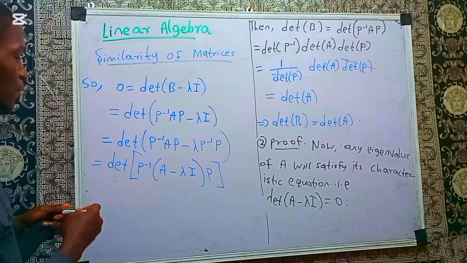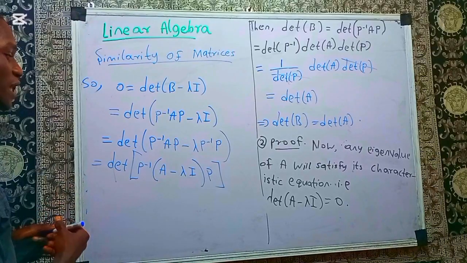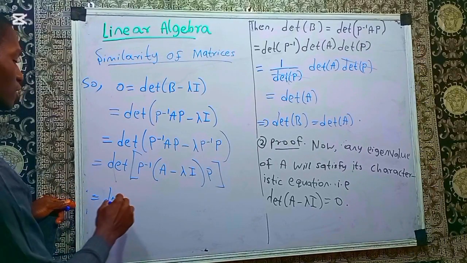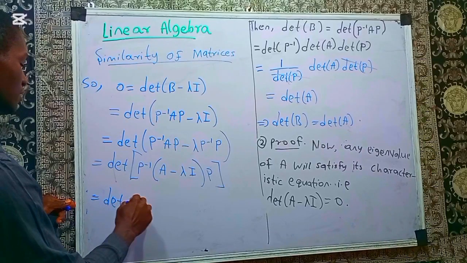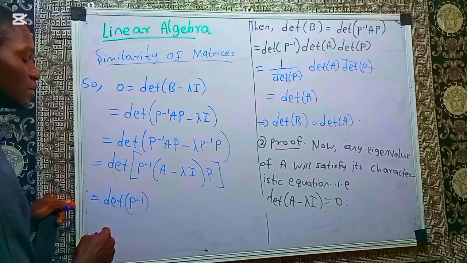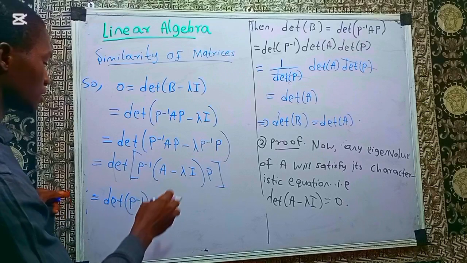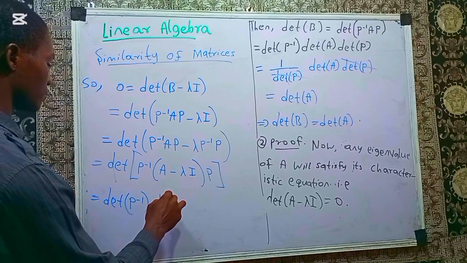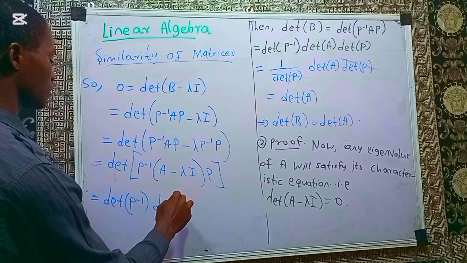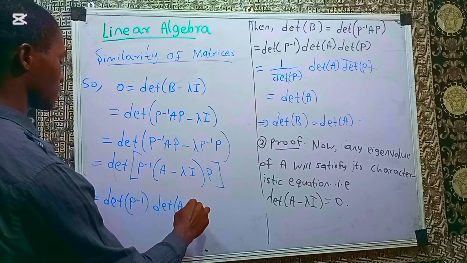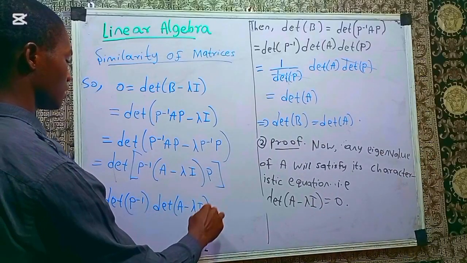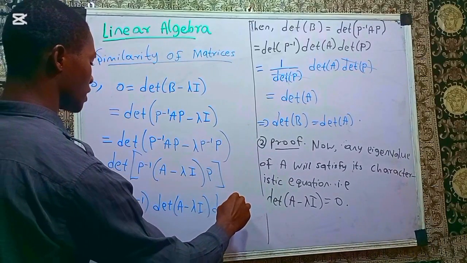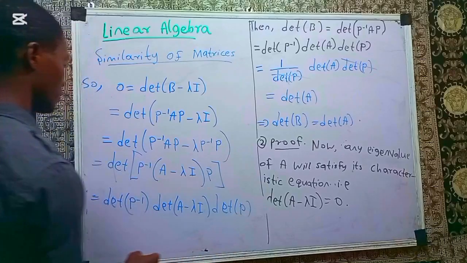Do you understand? So now I'll use the property of determinant. So this will be equal to the determinant of P inverse, because the determinant of a product is the product of the determinants. Determinant of A minus lambda I, determinant of P, right?